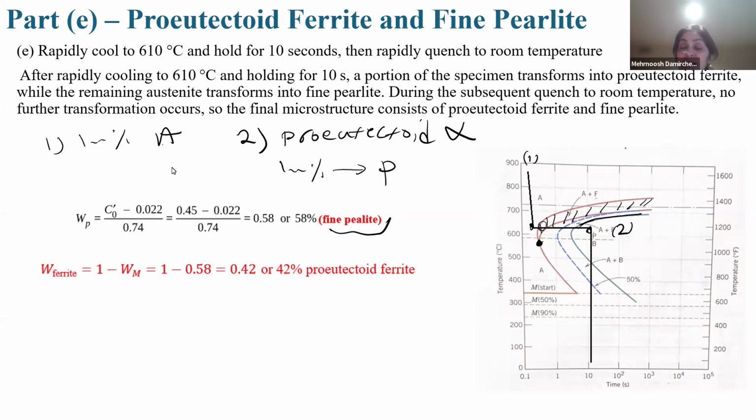I told that if C is less than 0.76, maybe we have proeutectoid ferrite, and if C is more than 0.76, maybe in cooling we have proeutectoid cementite, and I told that the temperature is very important. So you have seen how cooling rate and isothermal holding times control the fractions of each phase, and how these transformations directly affect material properties such as strength, hardness, ductility, toughness and brittleness.